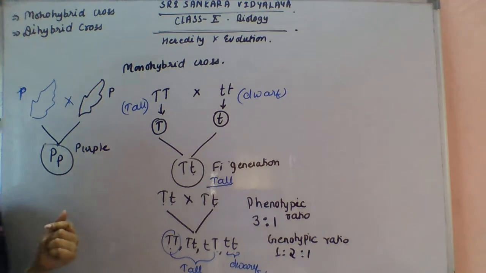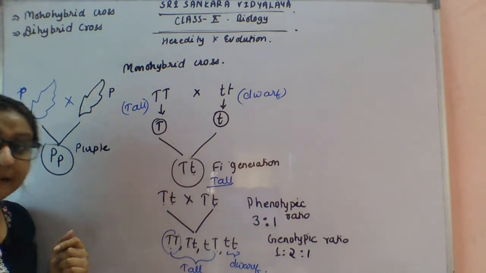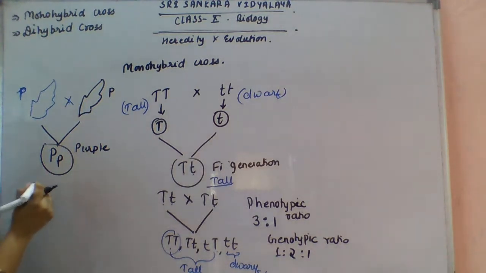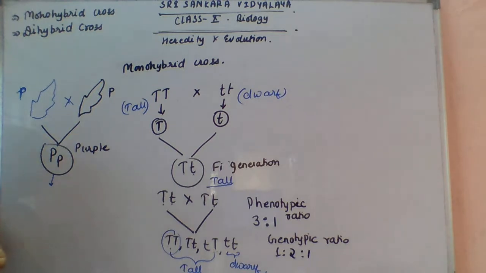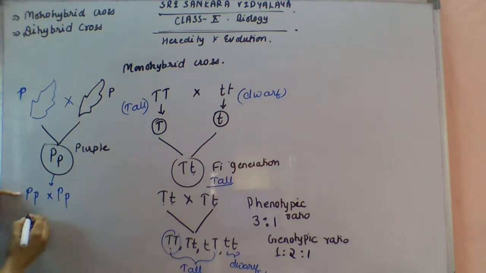So obviously the phenotypic ratio will show only the presence of the dominant character. In the F1 generation you get all purple colored flowers. But in the F2 generation, you will again get a 3:1 ratio. Okay, so now we will see.